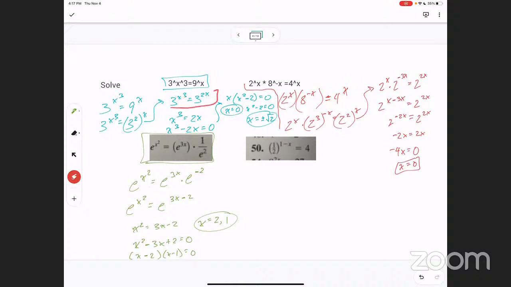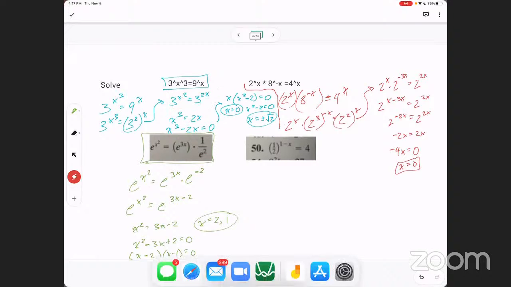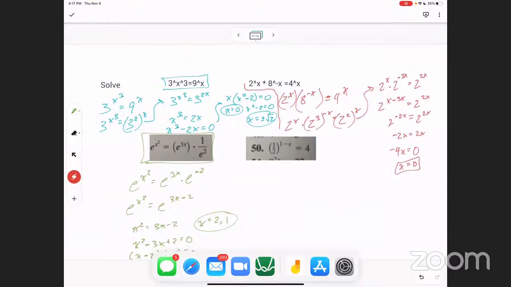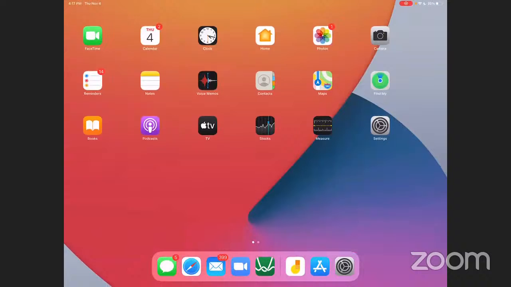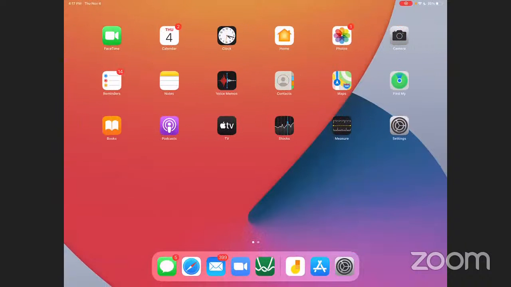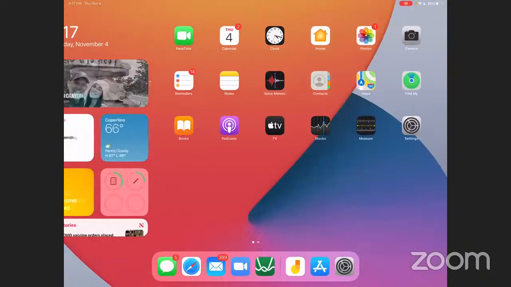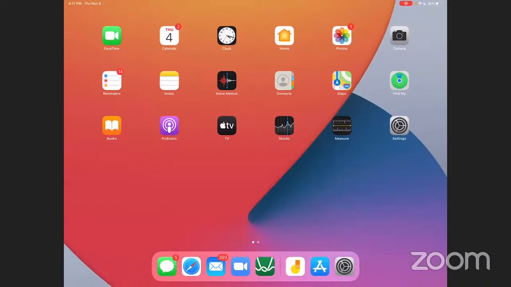Now, do you know how to use your calculator to plug in? I think so. Do you know the awesome trick with your calculator? Shoot, do I have a calculator on here? Graphing calculator? Dang, I don't think I do. Too bad.